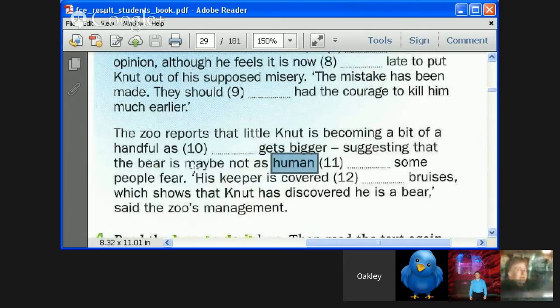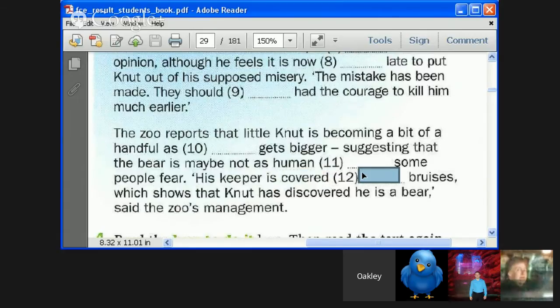Ken, you do get the last sentence. His keeper is covered with bruises, which shows that Newt has discovered he's a bear, the zoo's management. Okay, that is correct. "Covered with" is the collocation with the verb.